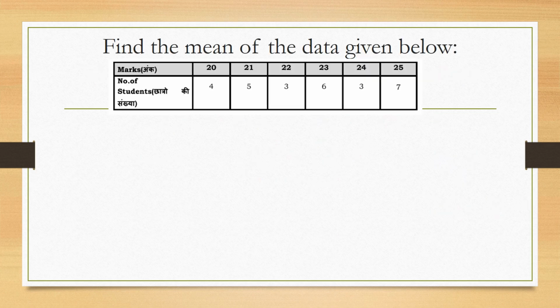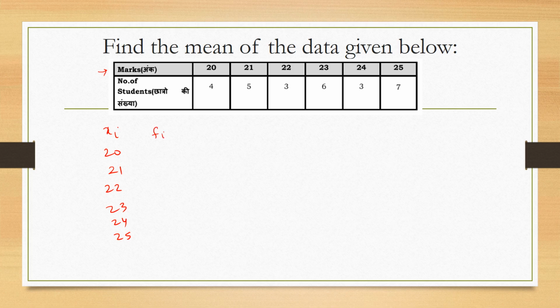We have to find out the mean of the data. If marks are given to you, that means this is the average of the limits, that is class mark. Xi is given to you: 20, 21, 22, 23, 24, 25. Now frequency.